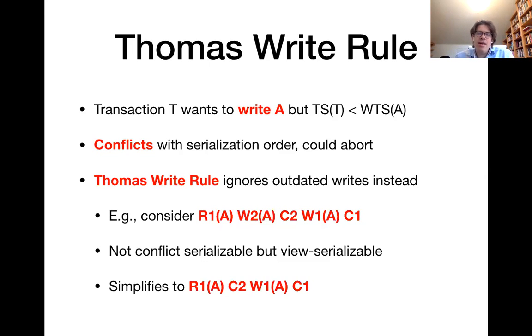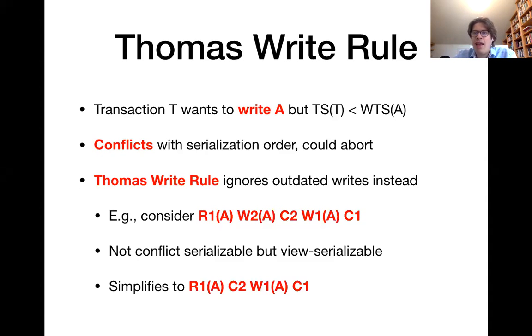And here we end up with a schedule that is serial. So actually, we could move the commit by transaction 2 even before to make that more clear. But clearly, transaction 2 doesn't have any operations anymore. Here, you only have a read by transaction 1 followed by a write of transaction 1.